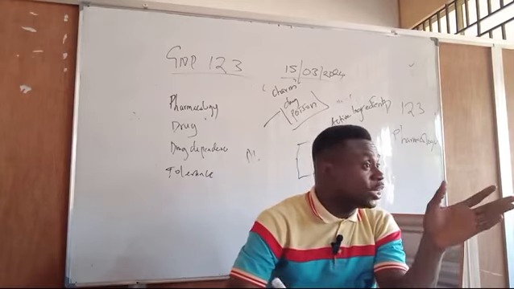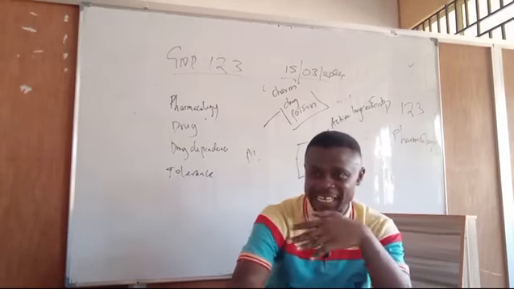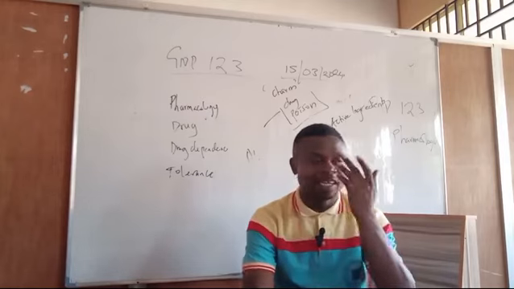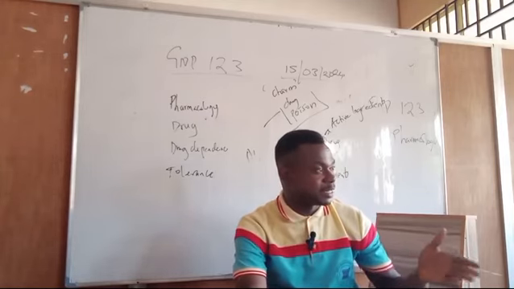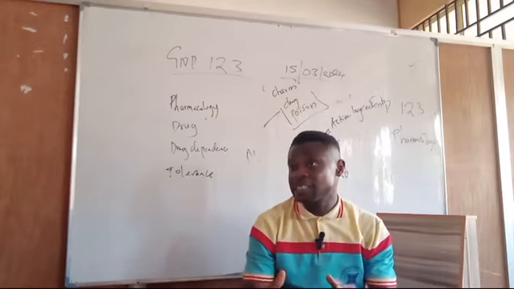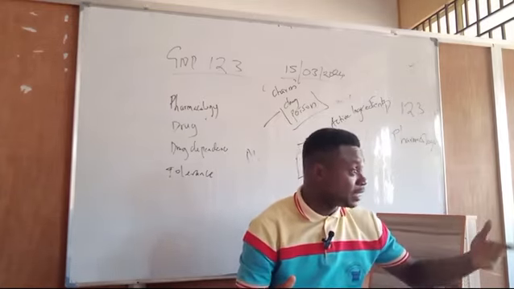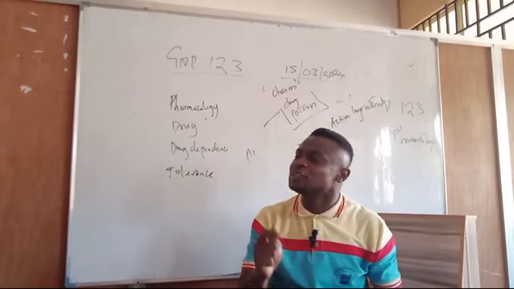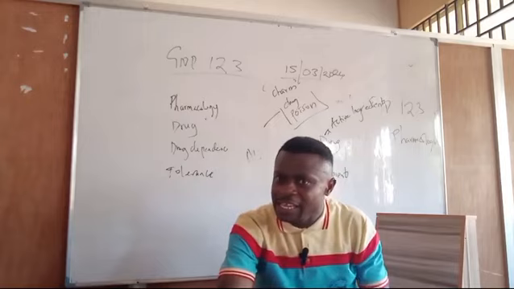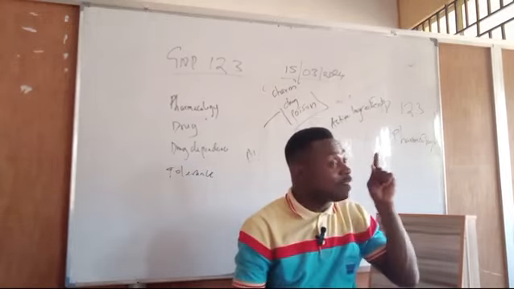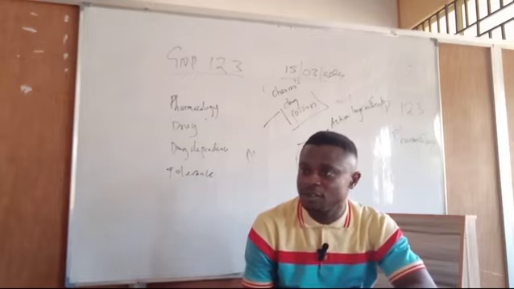Under normal circumstances, if you take a particular drug, it should elicit a particular therapeutic effect, right? Good. And the more you take it, the more effect it has. True or not? Good. But it will get to a point whereby if you take the normal dose you have been taking, it will not have any effect on you.